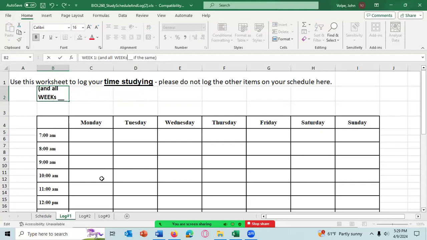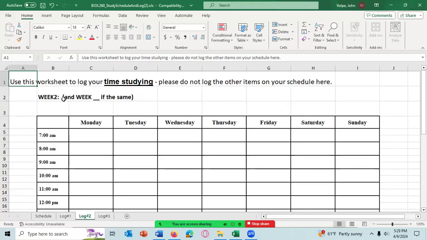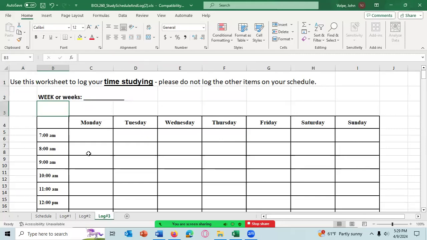Log 2 is for week 2, if it's different from week 1 and any other weeks. And then log 3 for week 3, if it differs from week 1 and week 2. And you can just add more tabs if you need to.